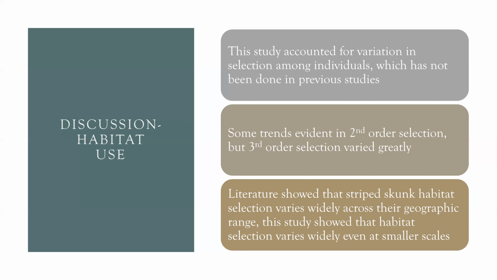And overall, literature shows that striped skunk habitat selection varies really widely across their geographic range as they experience all of these different habitats. But this study was important and interesting because it showed that selection varies widely even at these smaller scales between individuals.